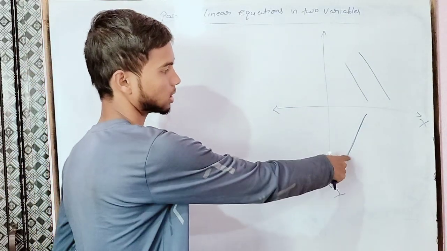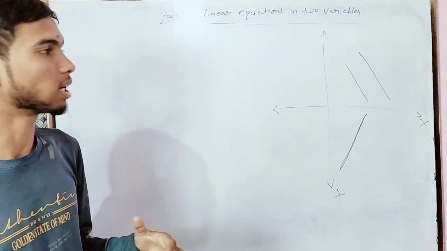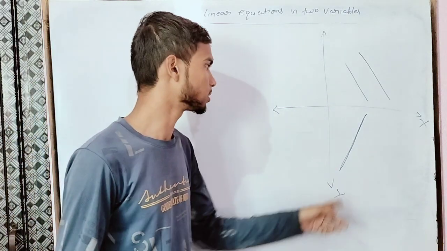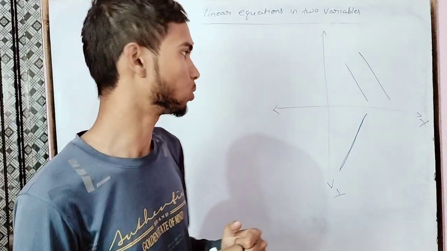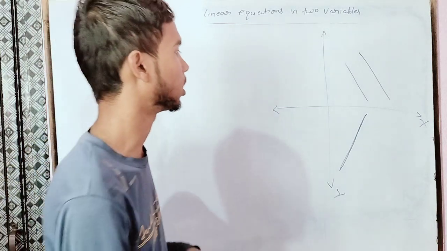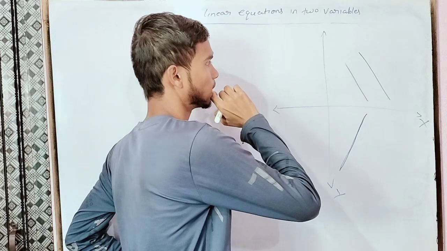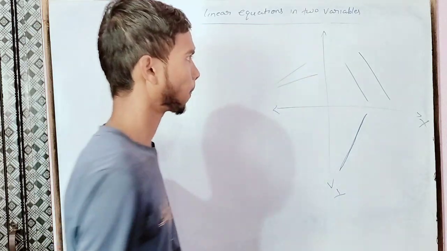So first we saw this, and second. The first was two lines parallel to each other, and the second is overlapping, where one line overlaps another line. And the third would be like that.